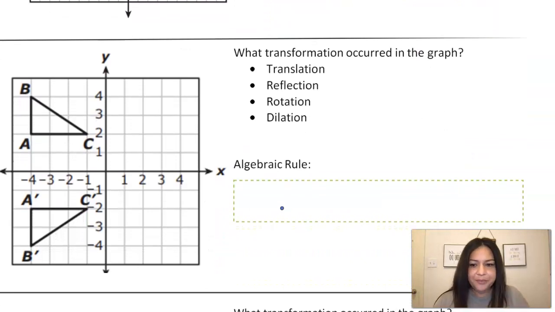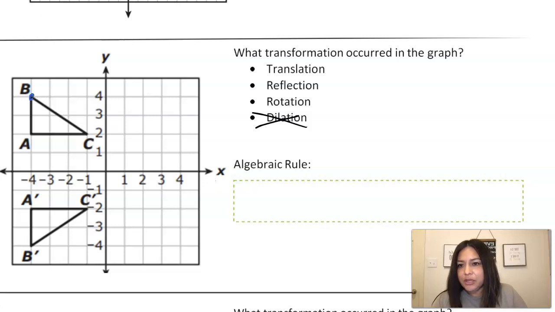Let's try this next one. So right here we have what transformation occurred in the graph. The size didn't change, so automatically I'm going to go ahead and cancel out dilations. And I can see, if I pay attention to B and B prime, it got flipped. So a flip, this is definitely a reflection. Now, how did it reflect?